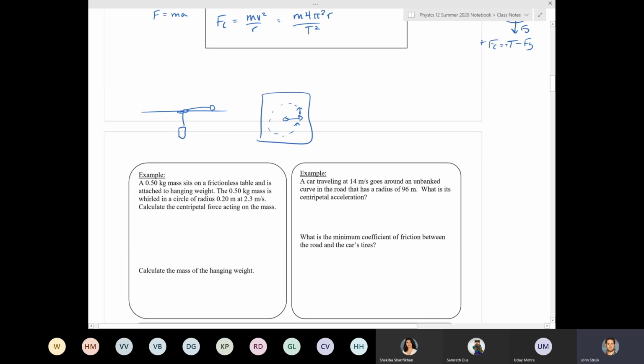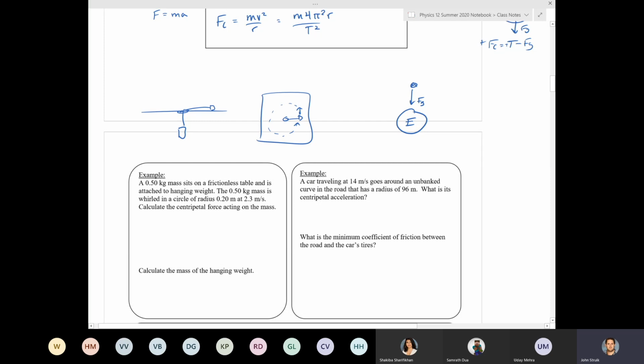So if that's true, you could try this by throwing, it's not going to be frictionless, so it won't work. But if you threw a mass in an arc, so think about this. Okay, here's the Earth, here's the moon. Why doesn't the moon just fall towards the Earth? It's FG, right?